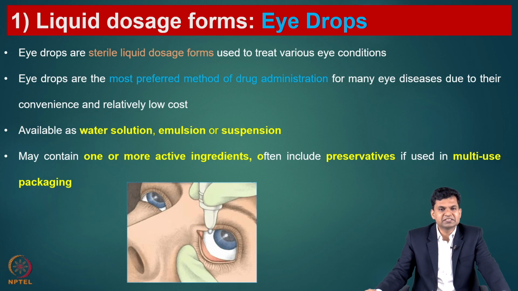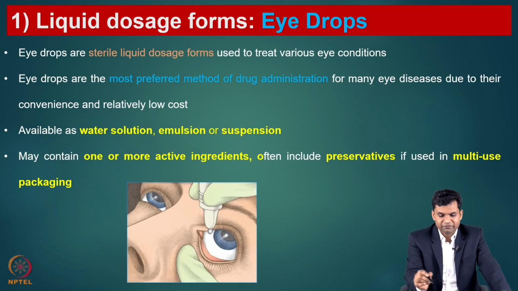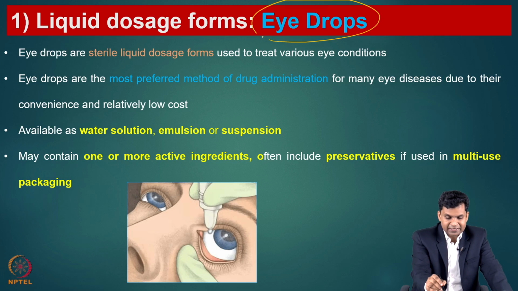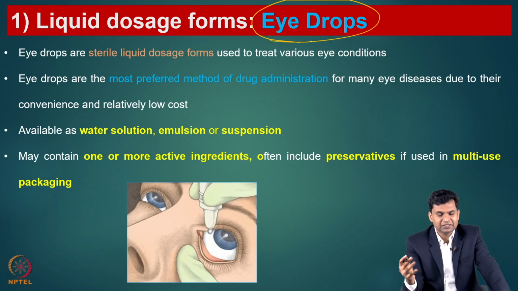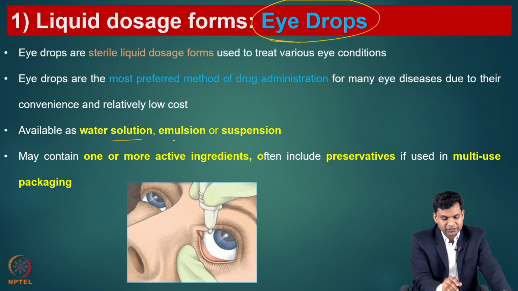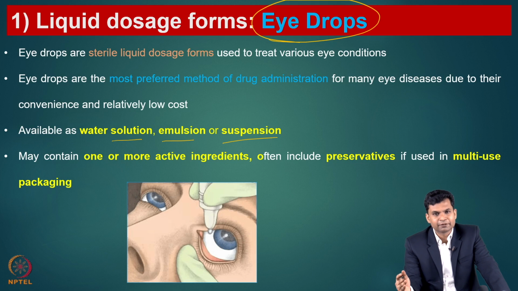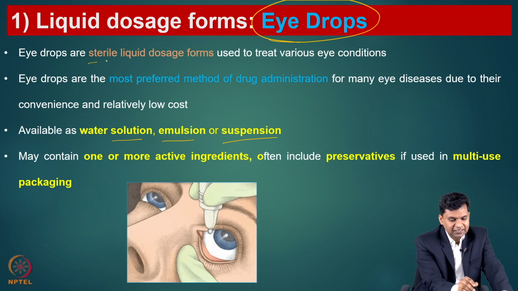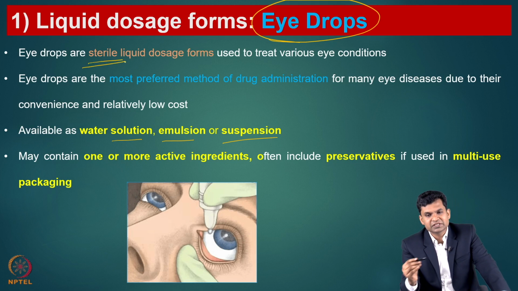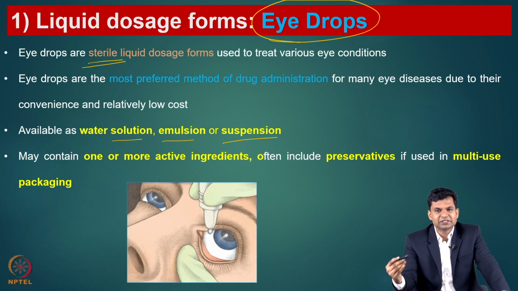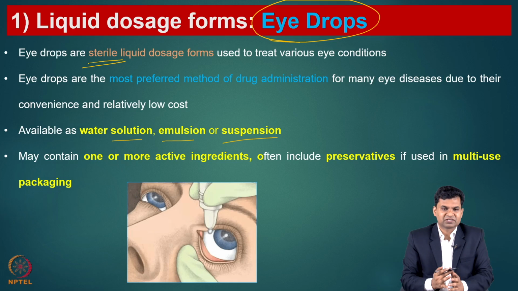Now here you can see the liquid dosage forms, which are also known as eye drops, which come in three categories: solution, emulsion, and suspension. As we discussed in our previous class, these are sterile formulations. We also saw some other parameters, that they need to be isotonic, with pH of 7.4, particulate free, and with a minimum requirement of preservatives.